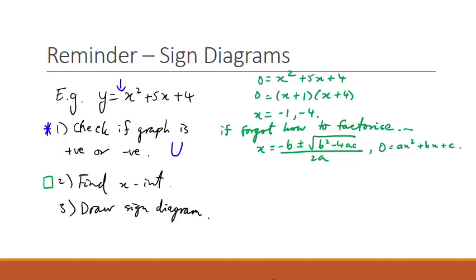And 3, you draw your sign diagram. Let's do a circle. It actually doesn't matter what shape I do, I guess. So, when you're drawing a sign diagram, you're only listing out your x-axis.